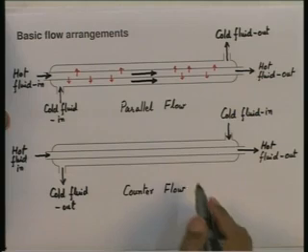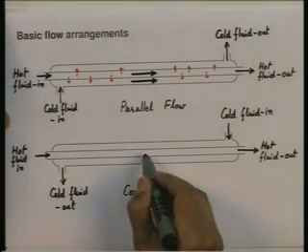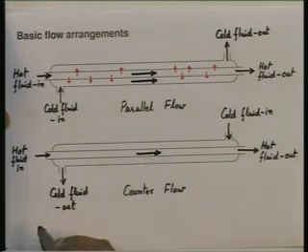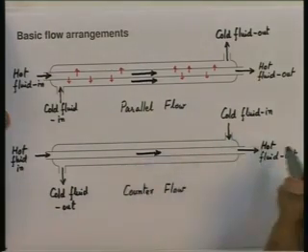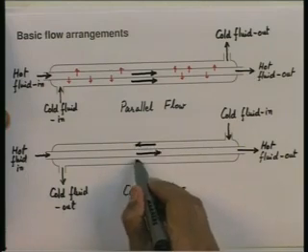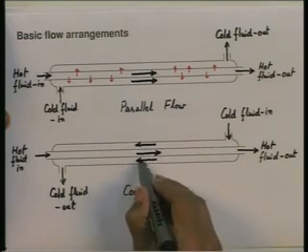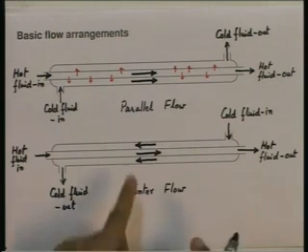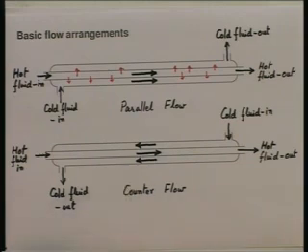So, now notice the hot fluid flowing through the inner tube is flowing axially in this direction, and the cold fluid flowing through the annulus is flowing in this direction. All right. They are flowing in opposite directions, both parallel to the axis of the heat exchanger, but in opposite directions, and that is what we call a counter flow arrangement.